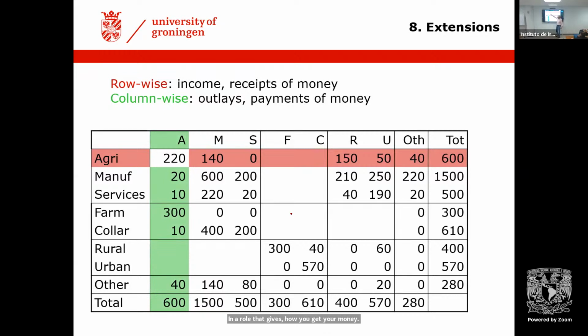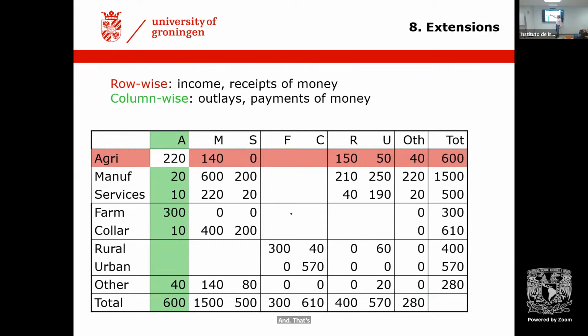The column tells you how you spend your money, or the payments. So agriculture produces for 600, or the income receipts are 600, and that is by selling their products to agriculture itself, manufacturing, rural households, urban households, and exports. And that's how they get their money.